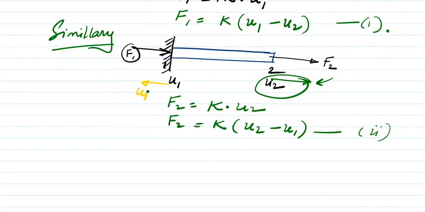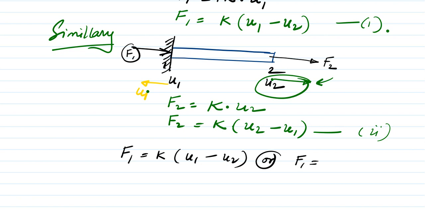So F1 is equal to K times U1 minus U2, or you can write F1 is equal to K U1 minus K U2.